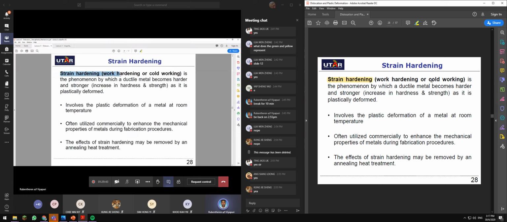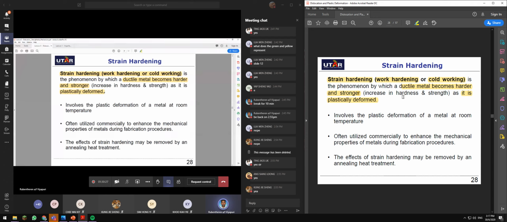Strain hardening is a phenomenon by which a ductile metal becomes harder and stronger, due to the increase in hardness and strength as it is plastically deformed. You are forcing the material to deform plastically so that there is no further dislocation involved. The ductility reduces a lot because once it is plastically deformed, it becomes rigid.